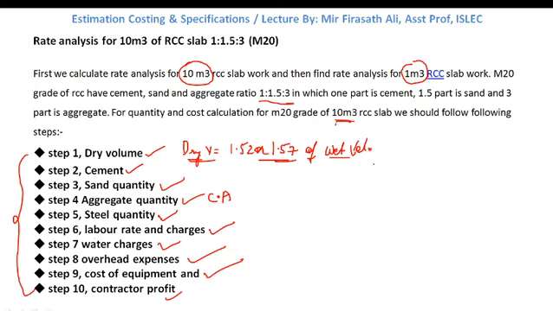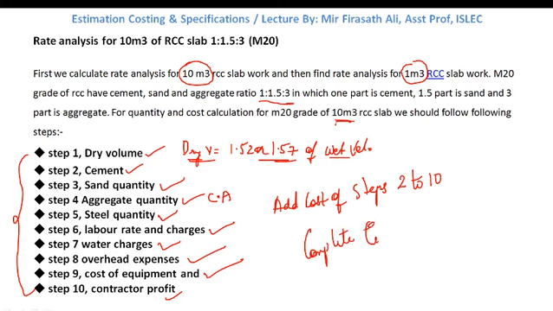If we add the costs of steps 2 to 10, we get the complete rate of M20 grade RCC slab. These are the things we need to include.